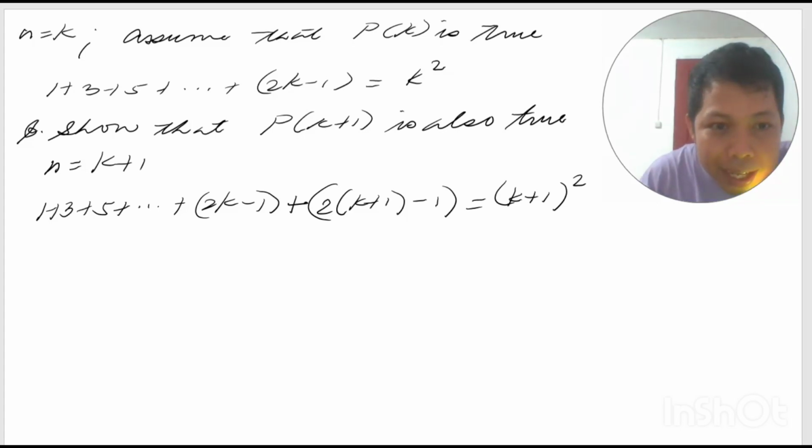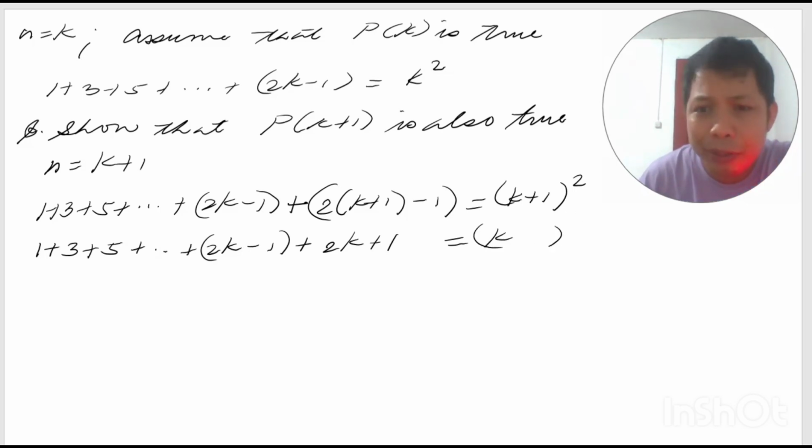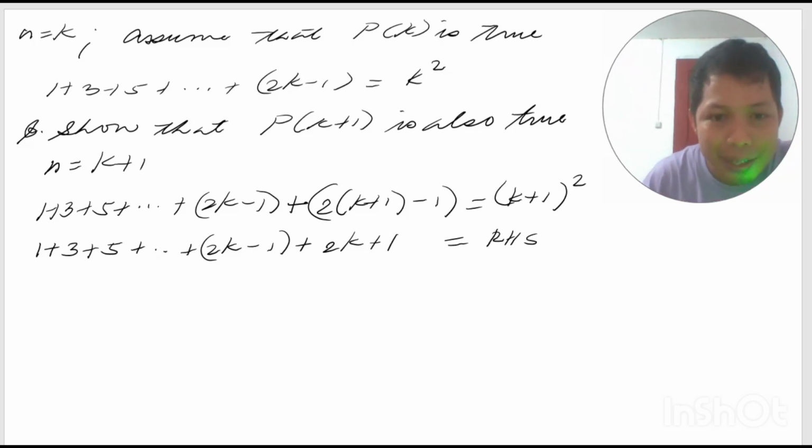Now let us simplify first the left side of the equation. This will give us 1 plus 3 plus 5 plus and so on plus 2k minus 1 plus 2k plus 2 minus 1, so this is 2k plus 1, and everything is equal to k plus 1 quantity squared, the right-hand side.